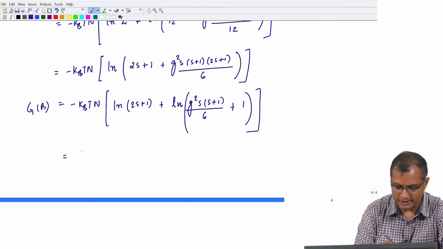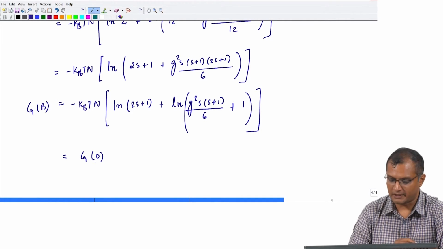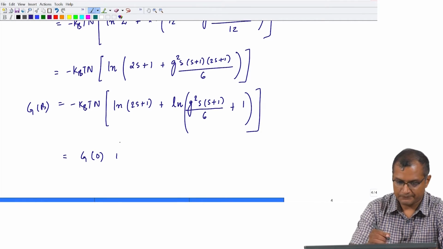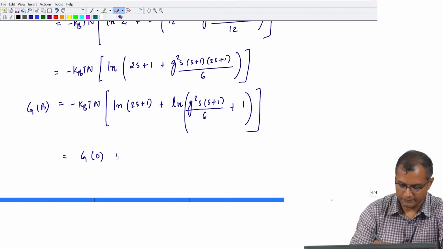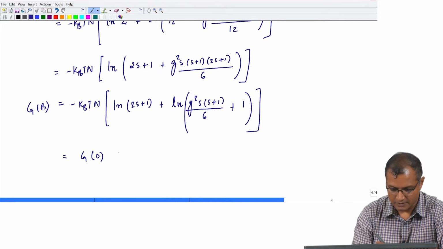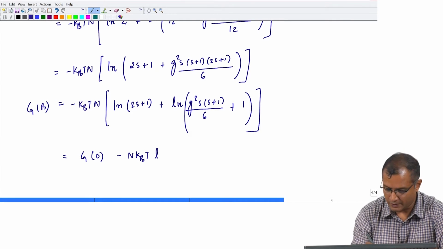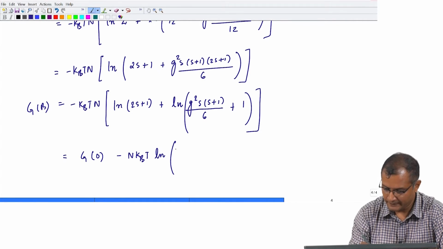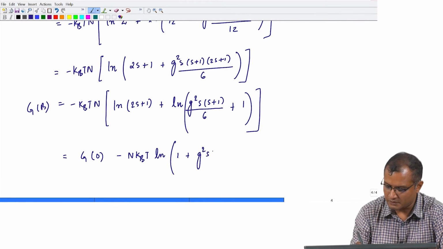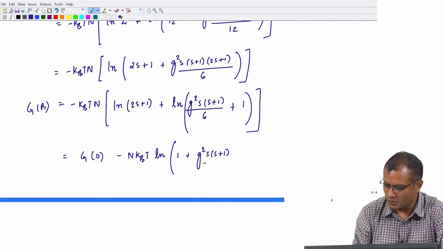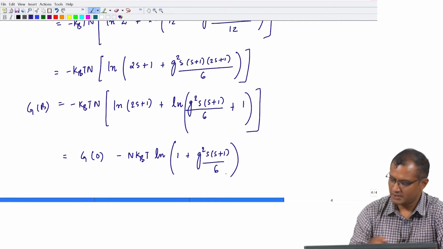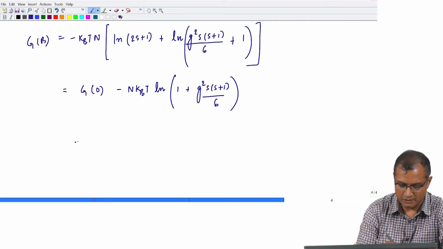So, I am going to call this G at 0 magnetic field, without magnetic field, plus or minus n kBT ln of 1 plus g square S into S plus 1 over 6. Is that okay?